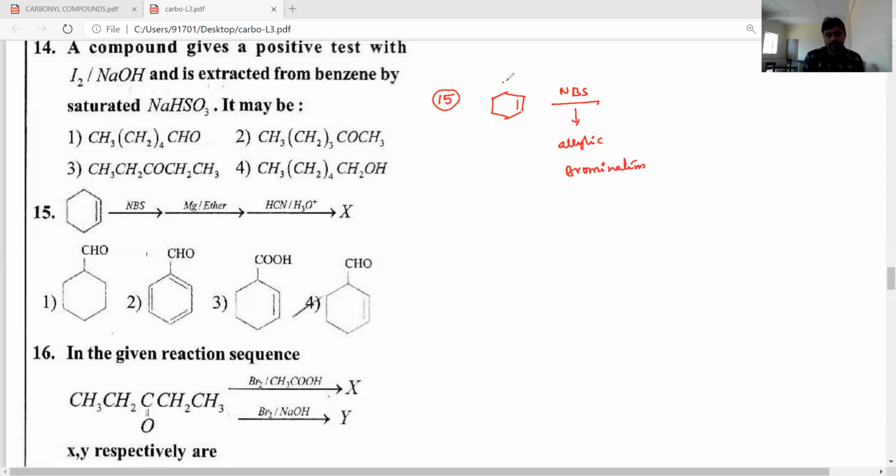What are the allylic positions? Here both are symmetrical, secondary carbon only. So the allyl bromide will form first. Next it is treated with magnesium in ether, which means a Grignard reagent will form.